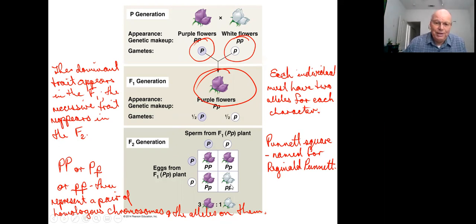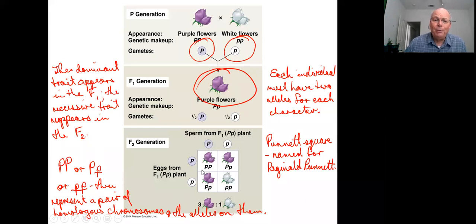So this was the other thing that Mendel realized. In order to show the recessive trait, the individual had to have two identical alleles for the recessive trait. Any other combination that included at least one of the big P alleles, or the allele for the dominant trait, meant the individual showed the dominant trait, which again is part of the definition of the dominant trait.